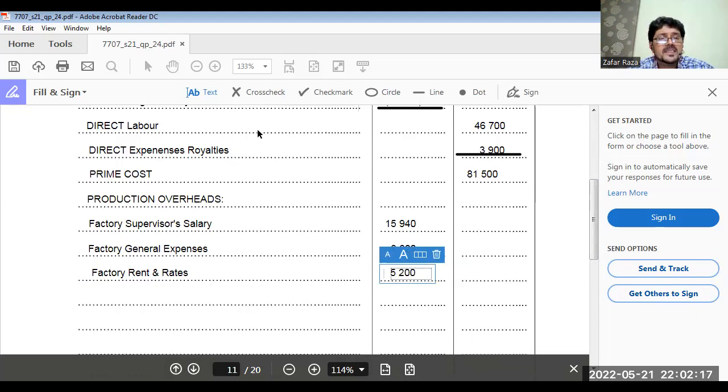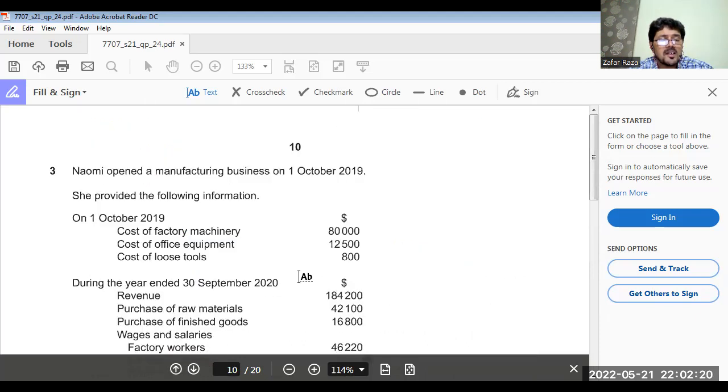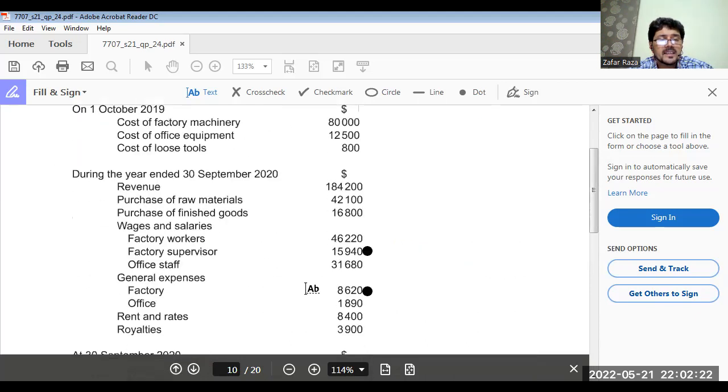What else is left? Go back. Office staff salary is not going to be added in the manufacturing account. Purchase of finished goods has nothing to do with this. This is an income statement item.